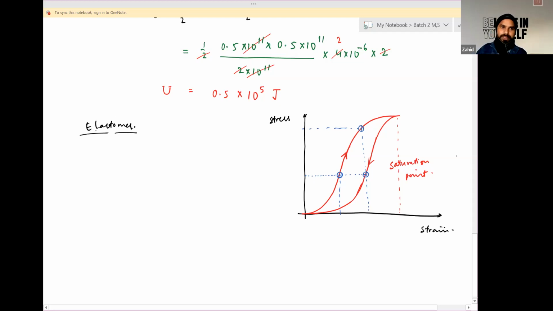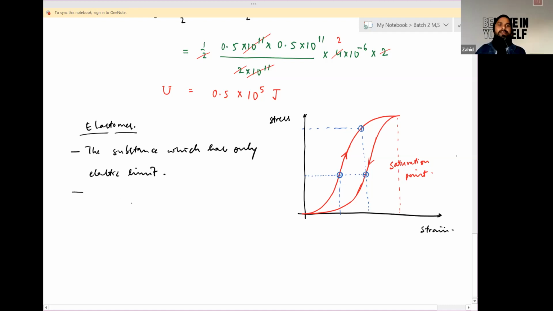So first, what do you mean by elastomer? You'll say the substance which has only elastic limit, no plastic behavior or plasticity, is called an elastomer.